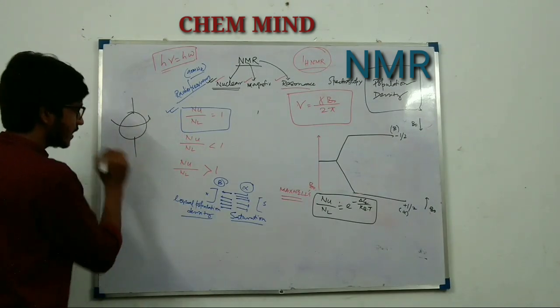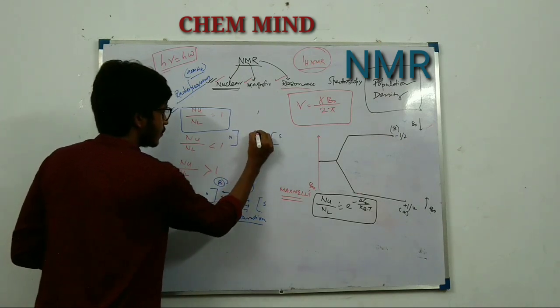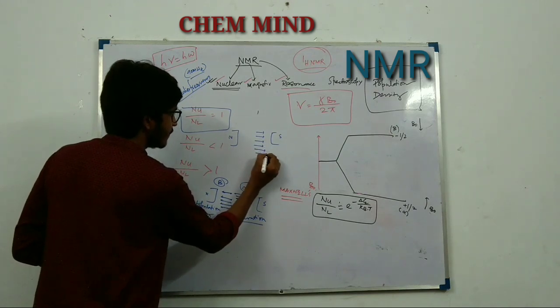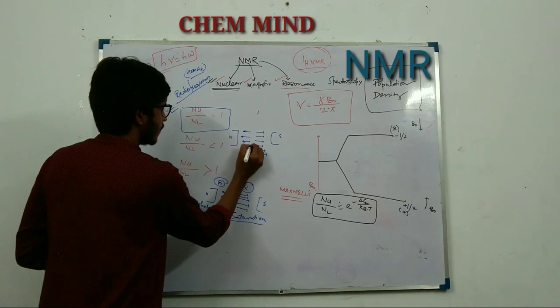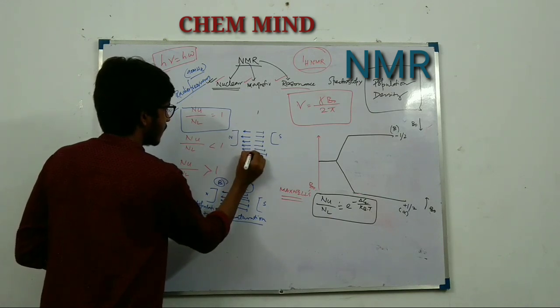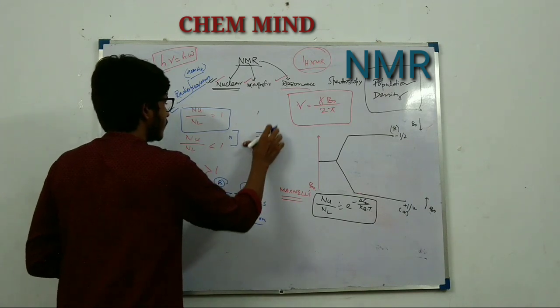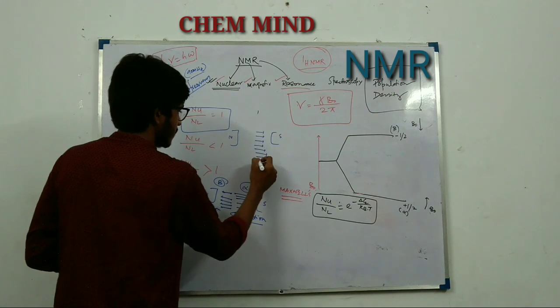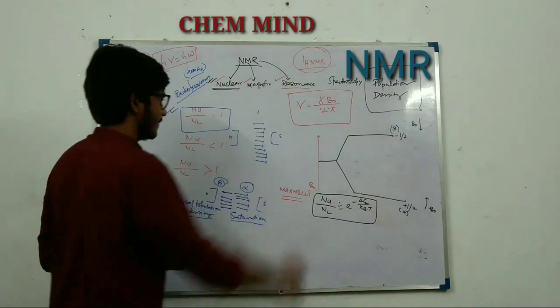Now, think about this: there is a north pole and this is the external magnetic field. At first, assume there are basically 10 nuclei, 1, 2, 3, 4, 5, 6, 7, 8, 9 and 10.